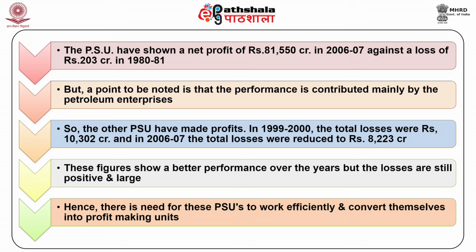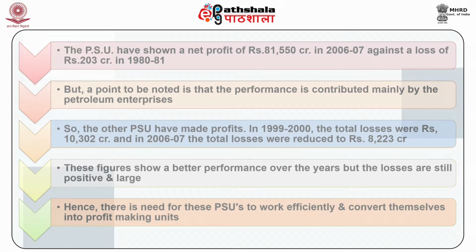In 1999-2000, the total losses were rupees 10,302 crore, and in 2006-07, the total losses were reduced to rupees 8,223 crore. These figures show a better performance over the years, but the losses are still positive and large. Hence, there is need for these PSUs to work efficiently and convert themselves into profit-making units.